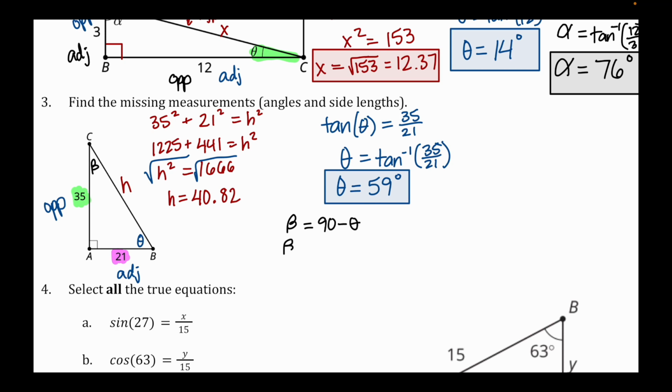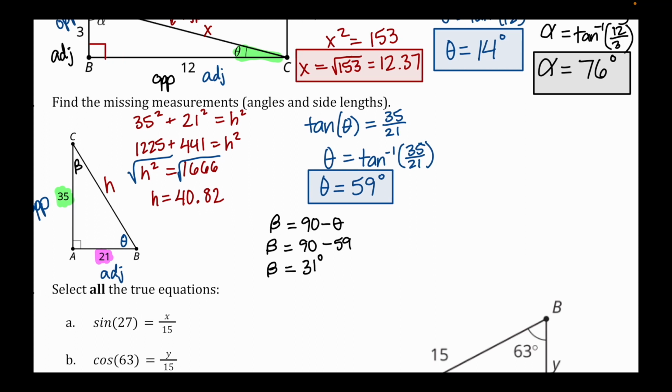That means that beta is 90 minus 59. So the angle for beta should be 31. And I'm just checking myself here on that because sometimes I am off in the other direction when things are off by like 1 or something like that. But it is 31, so 31 degrees.